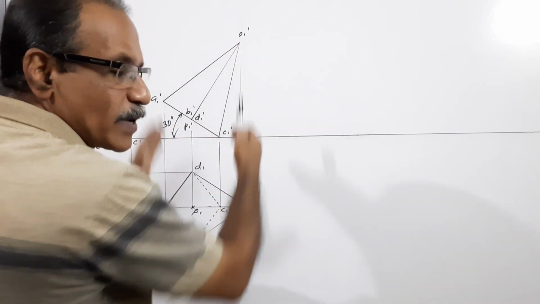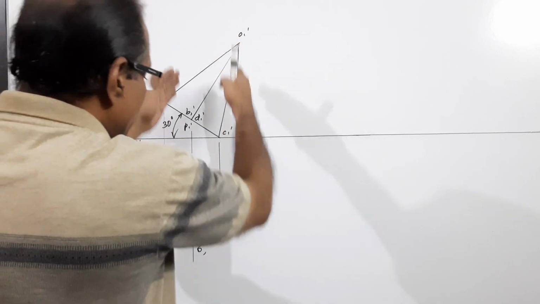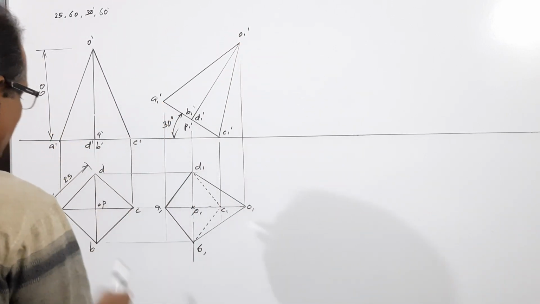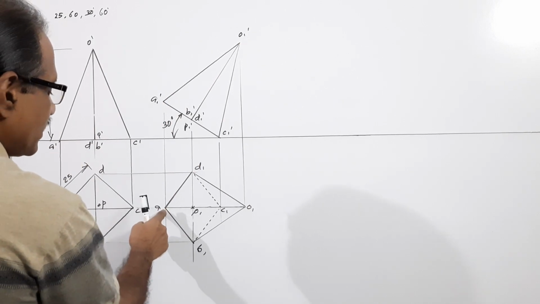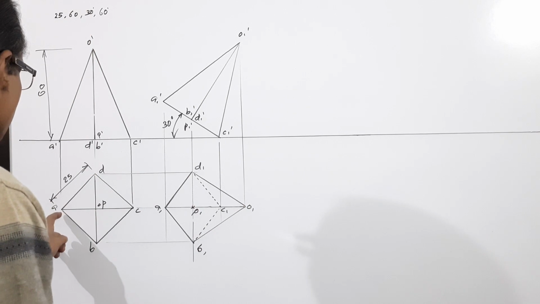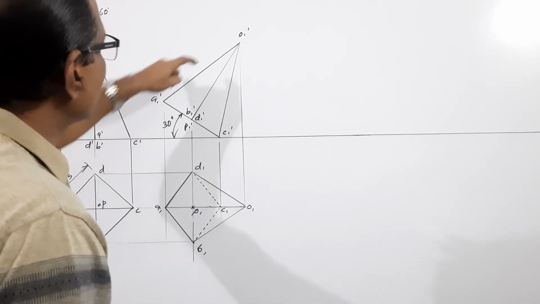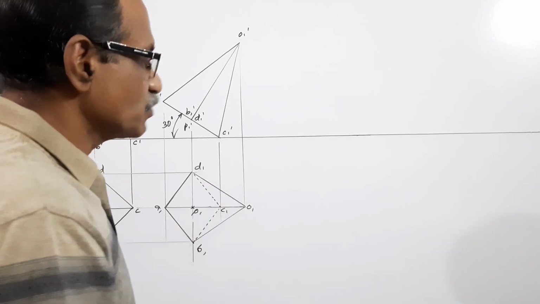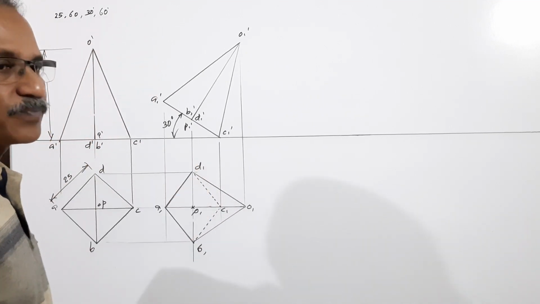Then project a new plan. Draw vertical projectors down and horizontal projectors. The vertical projector through A1 dash and the horizontal projector through A meet at A1. Similarly B1, C1, D1, O1, P1. A1 dash, O1 dash is visible when you look from the top, so A1 O1 is visible. This completes the plan.